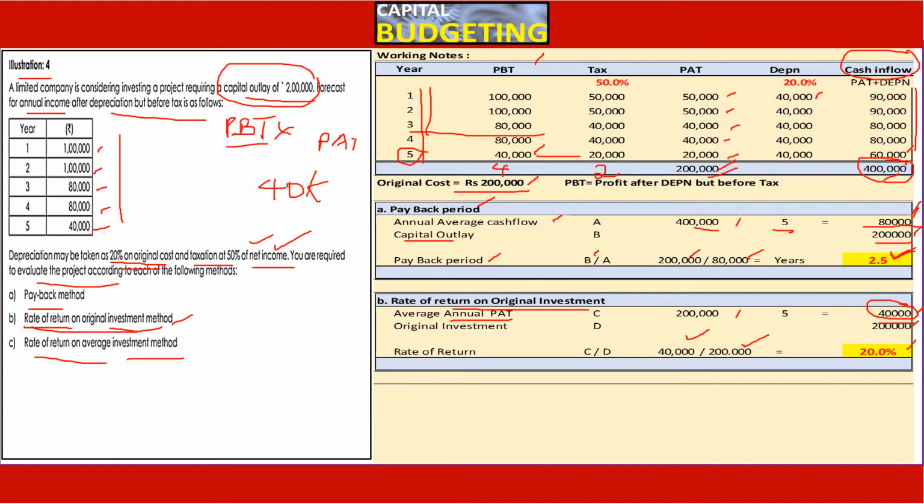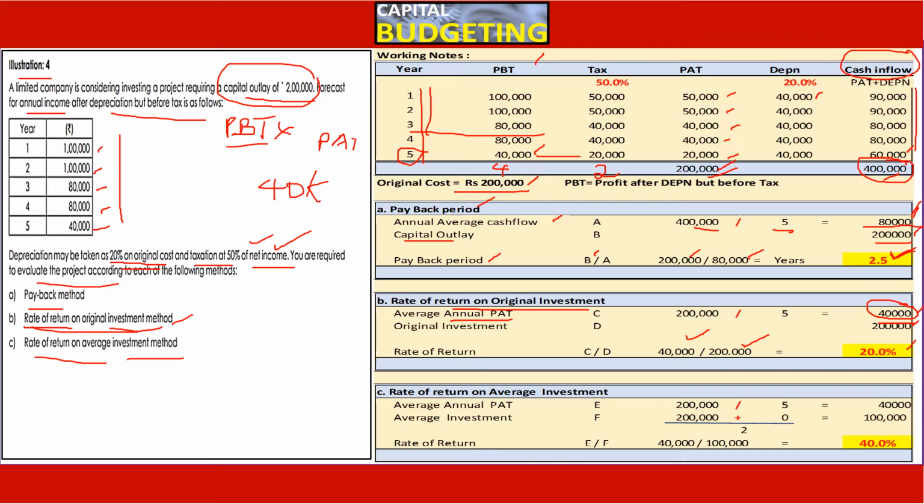Simple. Third, rate of return on average investment. Return remains the same, 40,000 average annual. This investment of 2 lakhs is the opening balance. Every year we will be receiving money and recovering our capital. At the end of 5 years, I will have recovered the entire 2 lakh rupees, so it is 0.